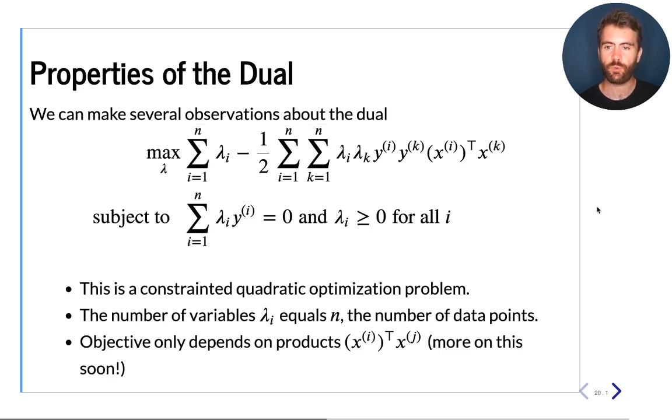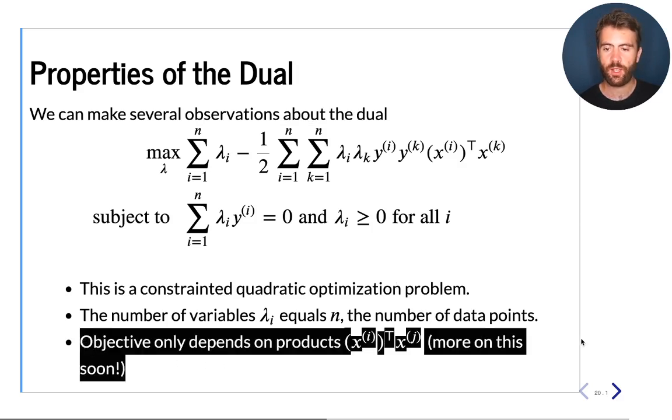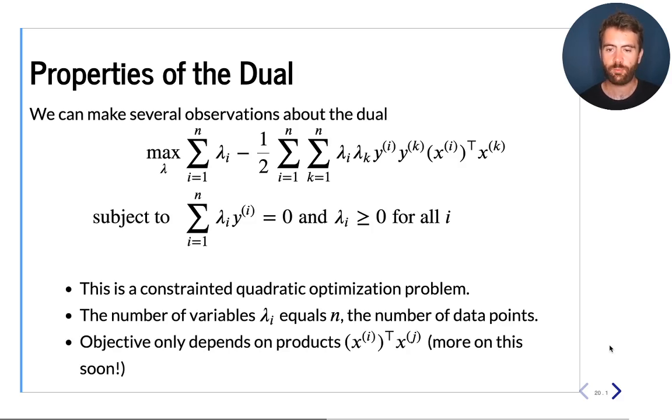And finally, one observation here is that this objective depends on our data x, but it only depends on the dot products between the different x's, which is quite interesting. We're actually going to revisit this in the following lecture. I'm just going to briefly mention it here, but we're going to come back to this in much more depth in the next lecture, and we're going to see that this is a very important property of the dual that is going to unlock an entire new set of SVM-type algorithms that are going to be very powerful, and a very important set of algorithms in machine learning.